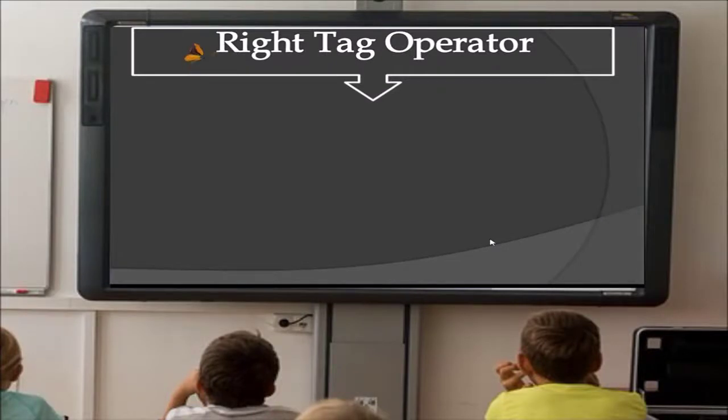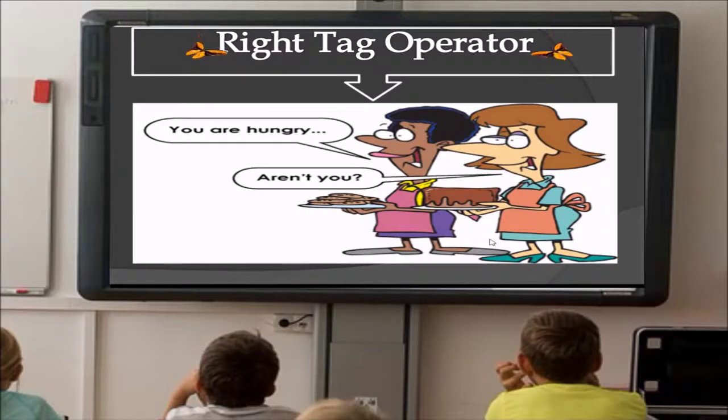Right tag operator. You are hungry, aren't you? Look at, the subject of the statement is you, and also the subject of the tag part is you. Do you understand?